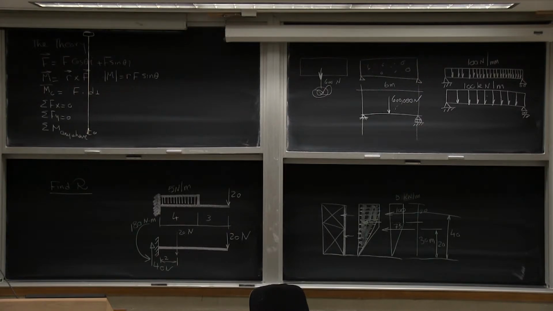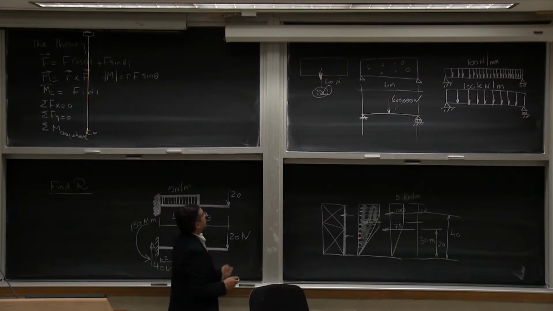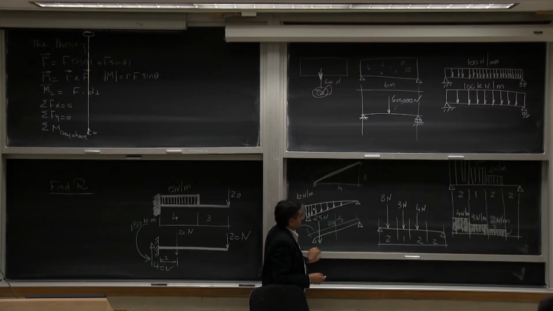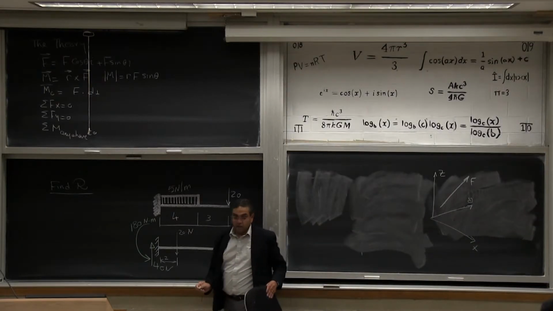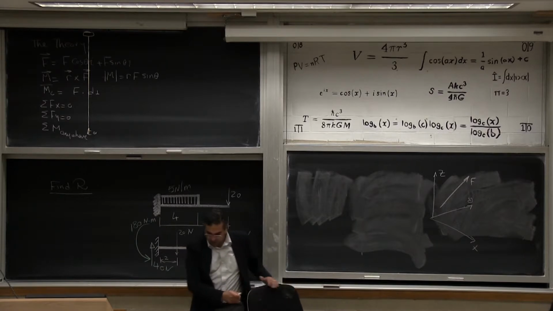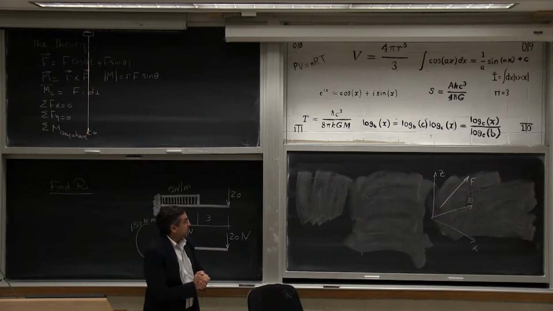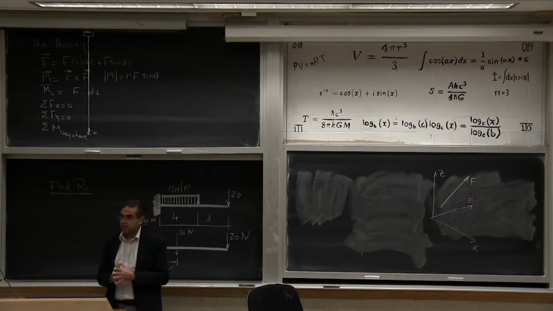Forces in 3D. Now let's assume that I have a force acting on a rigid body in 3D that I want to study, and I have this force going there.